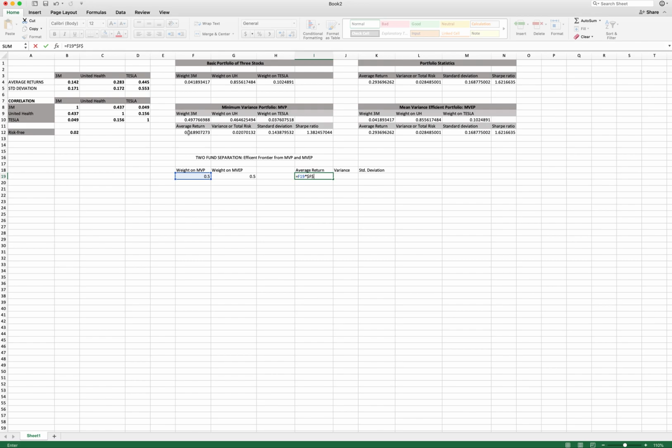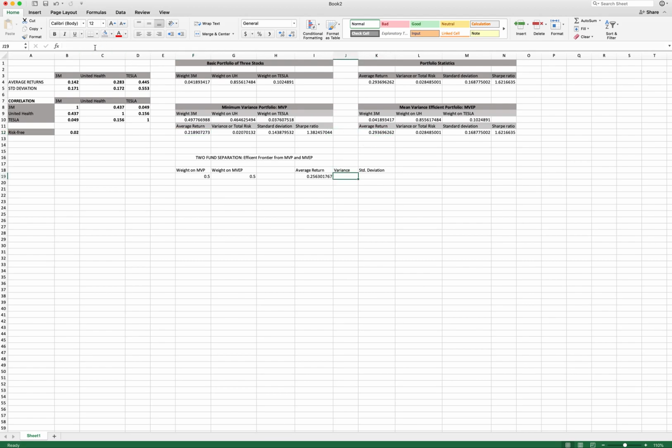I'm going to fix this cell because we're going to move those later, and that's F12, plus the weight on the MVEP times the return here on the MVEP. Okay, and that's my average return. If I invest 50-50, 50% on the MVP, 50% on the MVEP, I have an average return of 25%, which is roughly exactly the average between this return and that return.